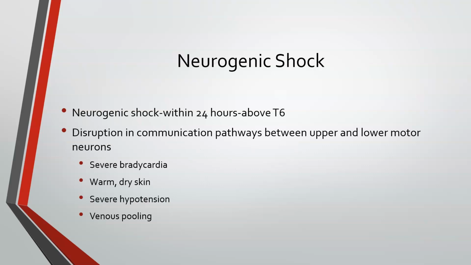Severe bradycardia is due to the loss of the sympathetic tone to the vascular system. So, injury to the cervical or the upper thoracic may experience both spinal shock and neurogenic shock at the same time.